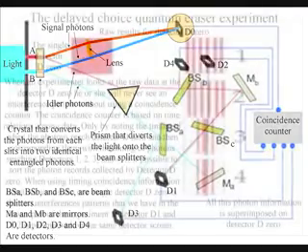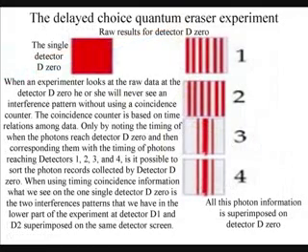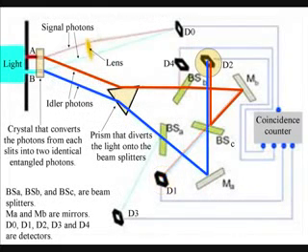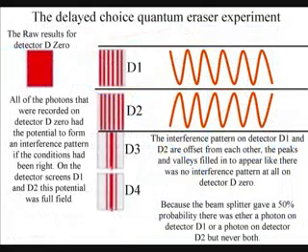When using coincidence information, what we see on the one single detector D0 is the two interference patterns that we have in the lower part of the experiment at detector D1 and D2, superimposed on the same detector screen.